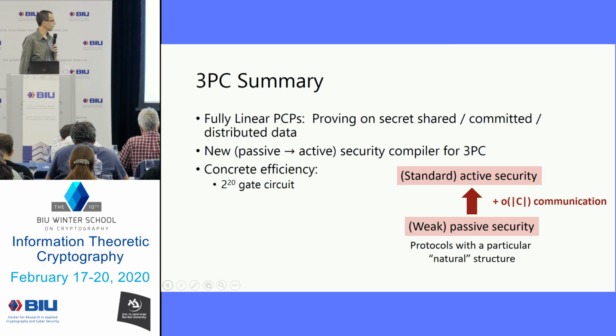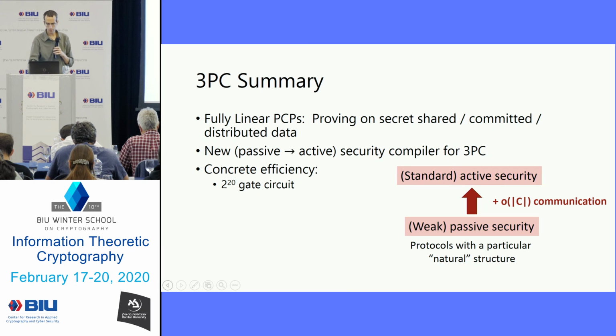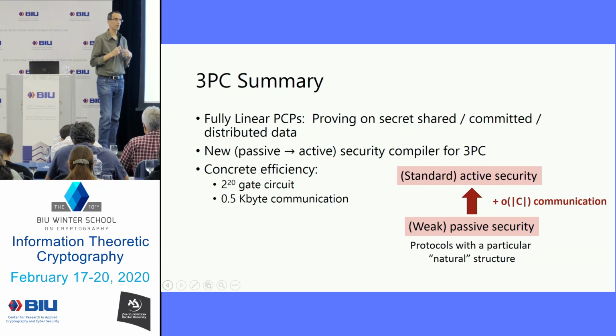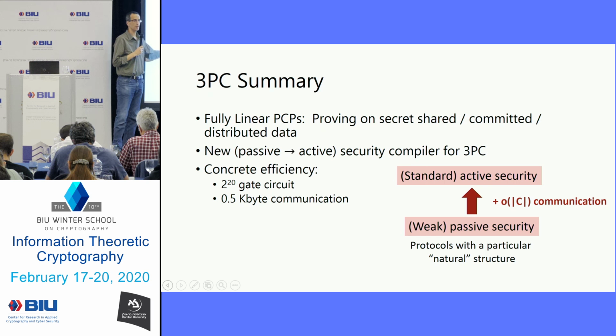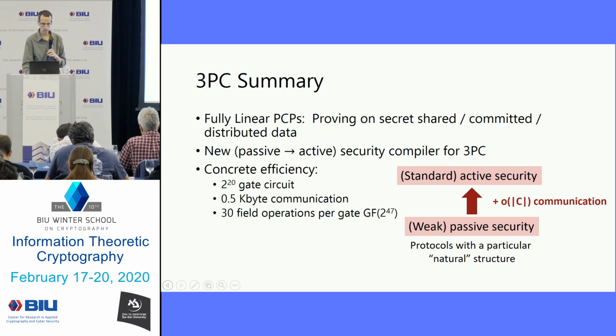And speaking about complete efficiency, this is something we checked. If we look at a circuit with 1 million gates, the extra communication we need for the proof is this much, half a kilobyte. So that's short. The actual computation we add is non-trivial.